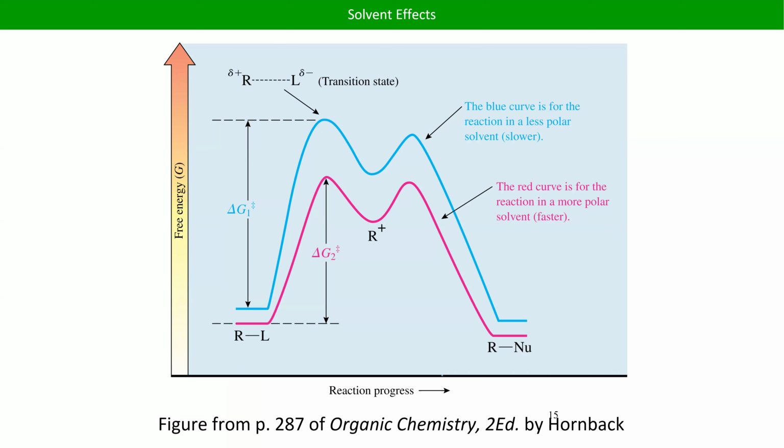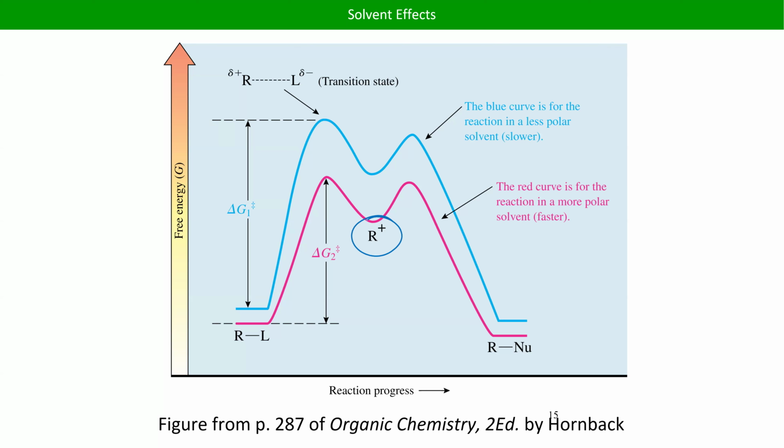And so we see this a lot when we look at SN1 reactions, because our intermediate has a charge, right? We need a polar solvent for it to go SN1, because otherwise we're making an intermediate that is really unstable.